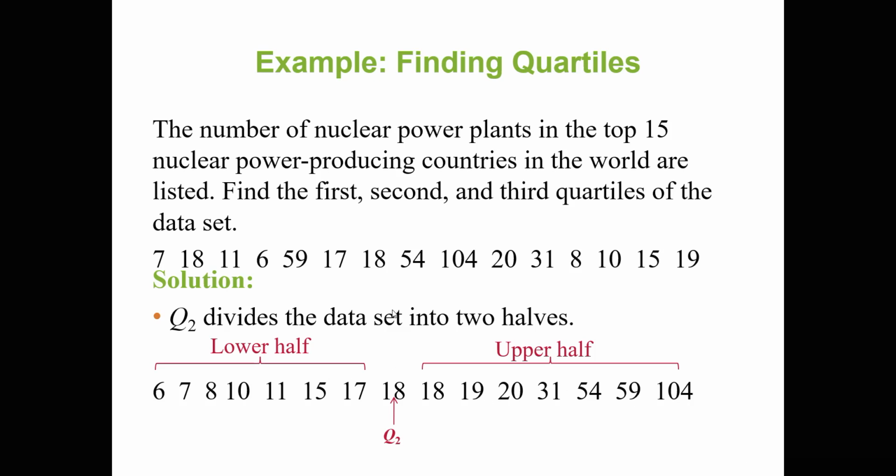So this tells you this is the lower half and this is the upper half. Now, how do you look for the first quartile? The first thing, you split it into 2. You look for the median. Once you have the median, it means you have the lower half and the upper half. Now, when you come to the lower half, you look for the median of the lower half. That will give you the first quartile. You have the second quartile, which is the median. And then you look for the median of the upper half, which will give you the third quartile.